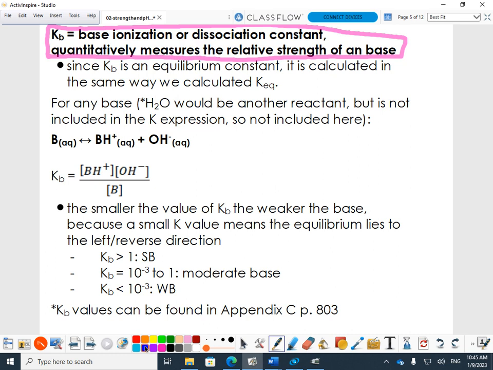The smaller the value of Kb, the weaker the base, because there is a little bit more reversibility, meaning the base concentration, or the bottom of the fraction, is not very small. It's a little bit bigger.